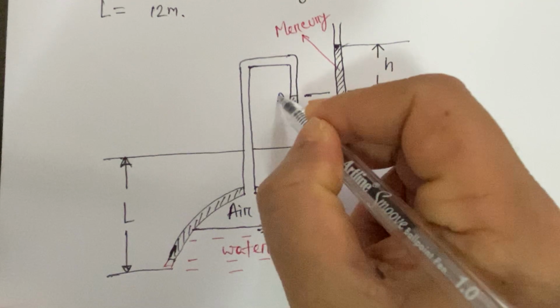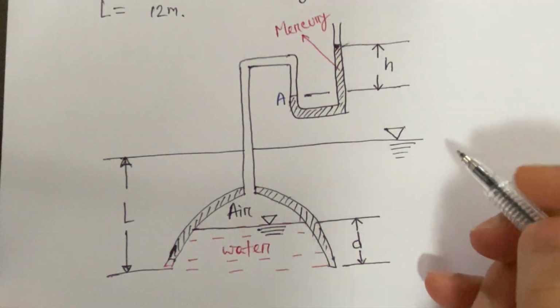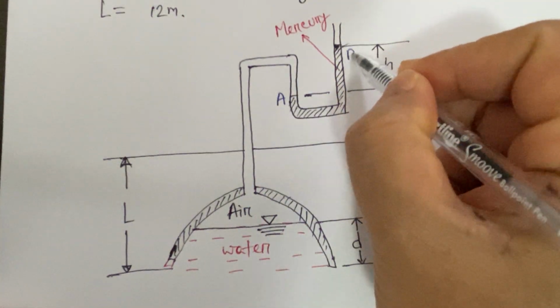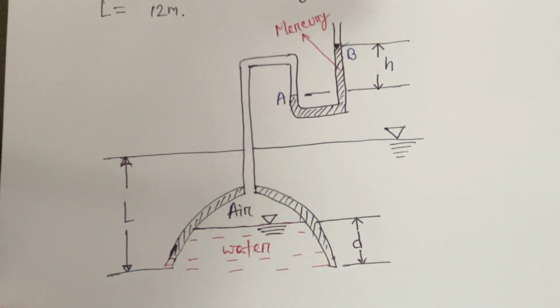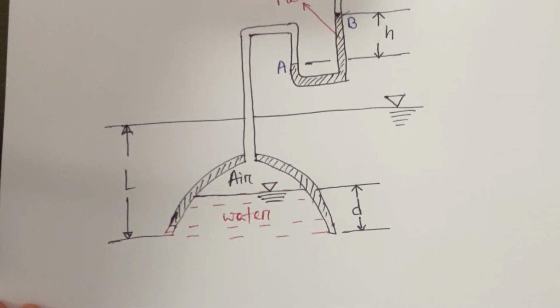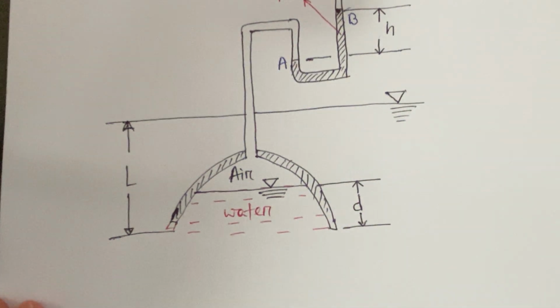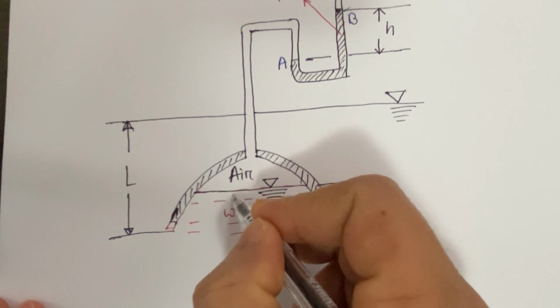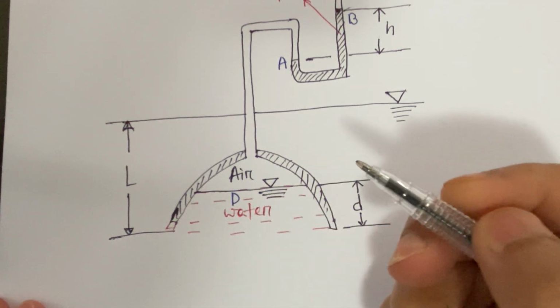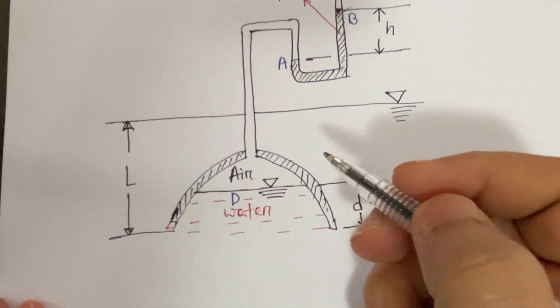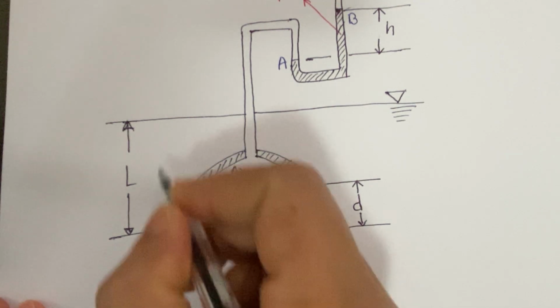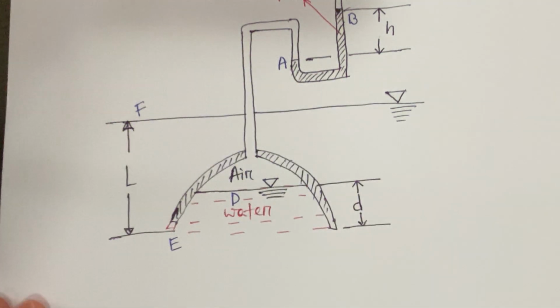Let's say this point is A, and this point is B. Now this point is D. Similarly we can define this as E, and this point as F. So just different notation we need to solve this problem.